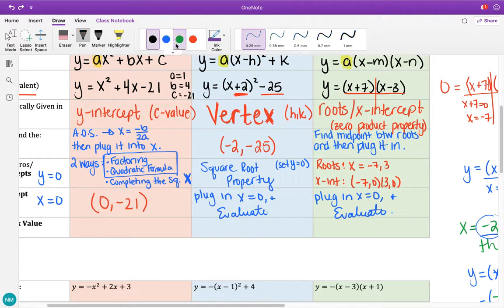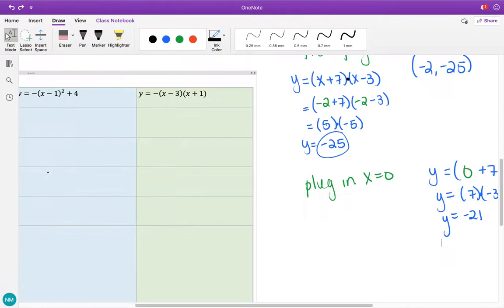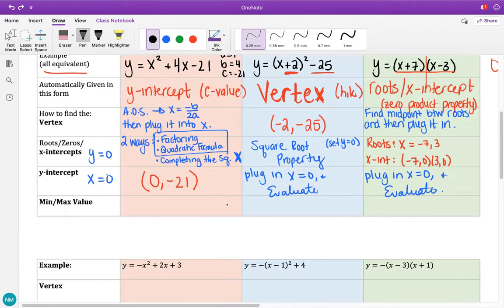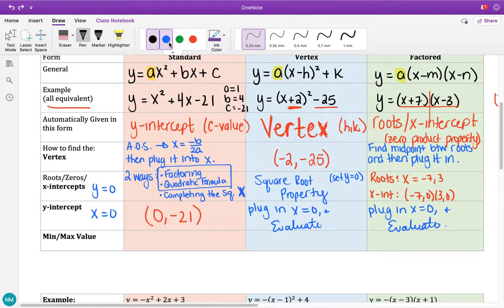And last but not least, what is the minimum or maximum value? I'm going to explain this more when we do quadratic word problems, but the minimum or maximum value is going to be the y value of the vertex.